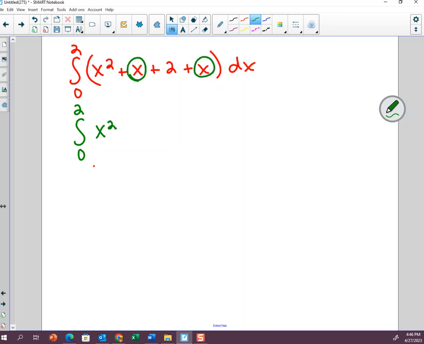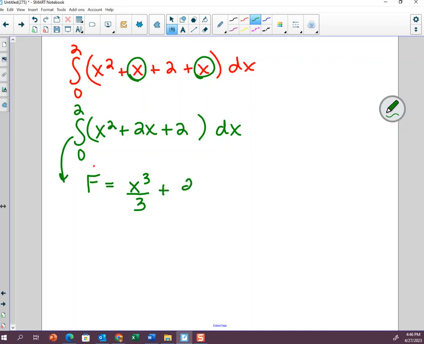So the x and the x makes a 2x. And since I don't have anything inside of parentheses raised to a power, I don't have any quotients, I don't have any e's, I don't have anything that's going to require a u substitution, I can go backward power rule to find big F. So x cubed over 3 plus x squared over 2 plus 2x.